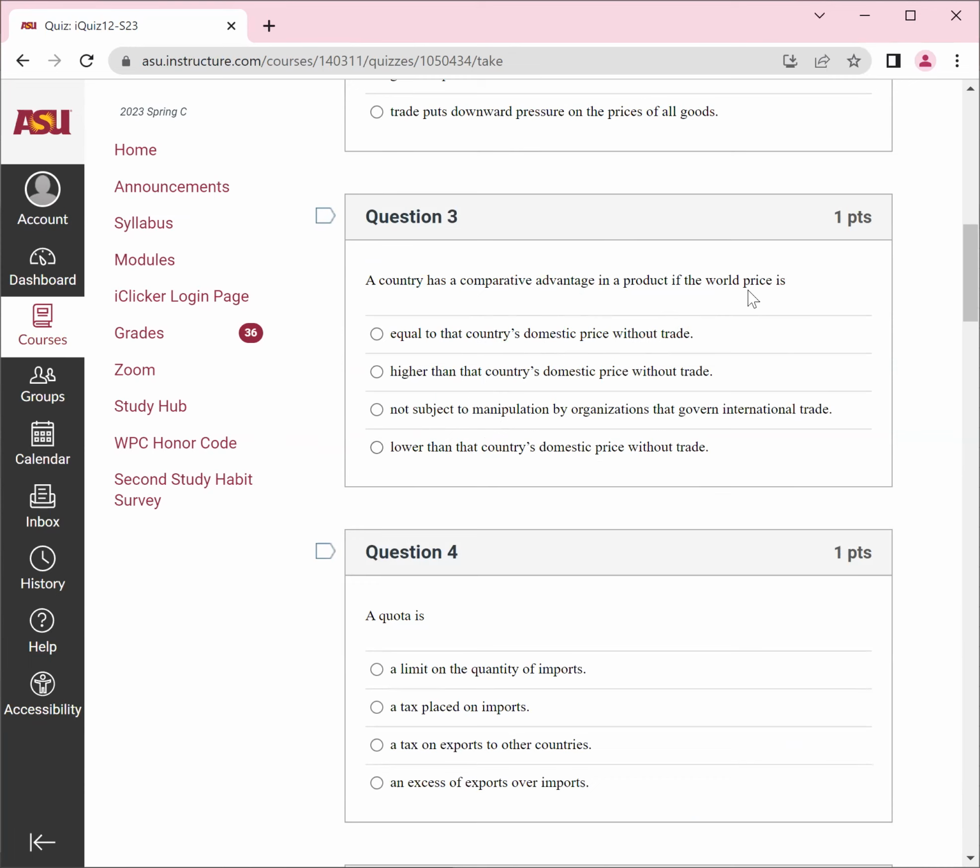They're talking about the world price. The question is how would your price compare to the world price if you had a comparative advantage? If this is in terms of selling something, you'd want to be able to produce it at a lower price and then sell it at a higher price. We can stop here. Yeah, not sure.